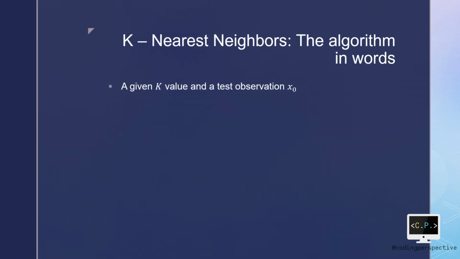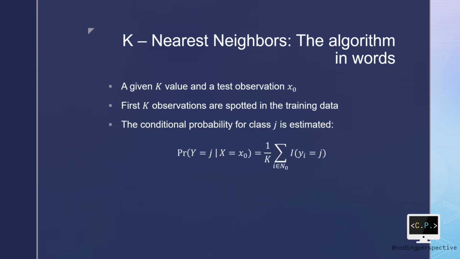Given a positive integer k and a test observation x0, the KNN classifier first identifies the k points in the training data closest to x0, which is represented by n0. It then estimates the conditional probability for class j as the fraction of the points in n0 whose response values equal j.